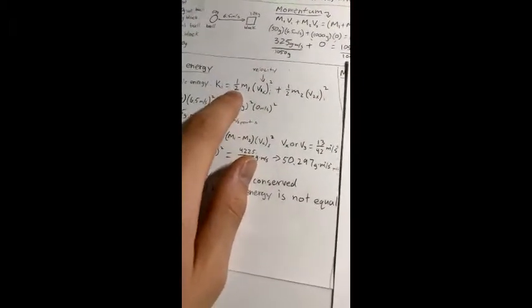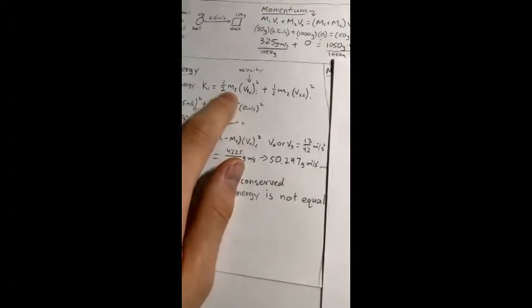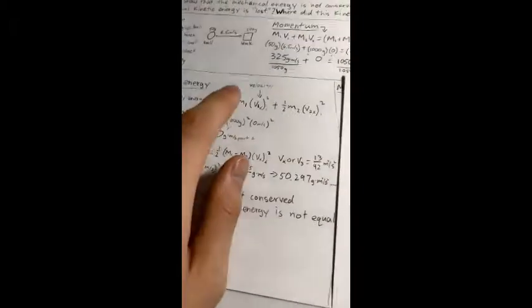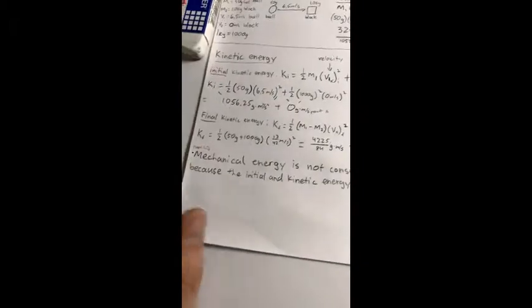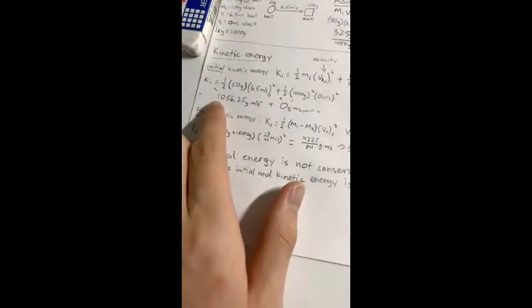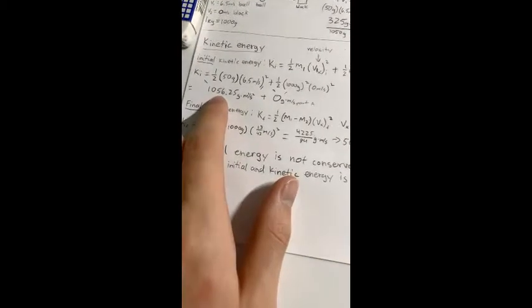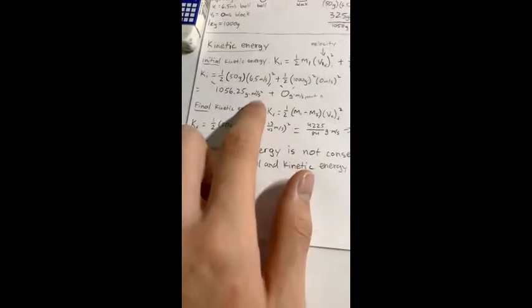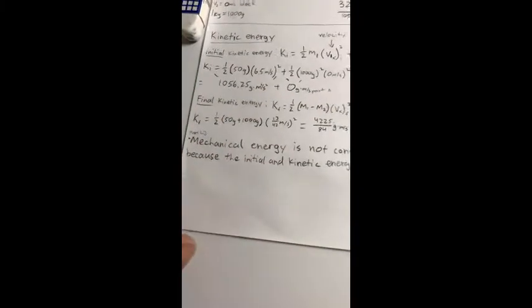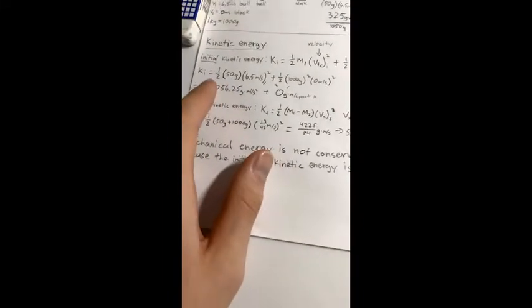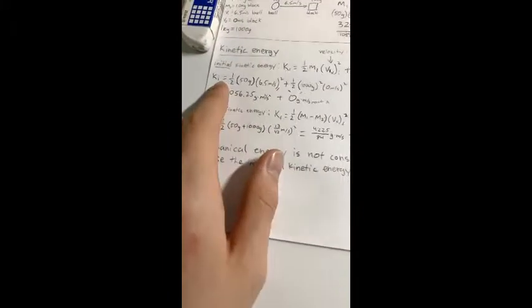We take 1/2 of the first object's mass times the velocity squared, plus the same thing for the second object. We plug in the same numbers again and we would get 1,056.25 grams meters squared per second squared. So this is what we would get for the initial kinetic energy.